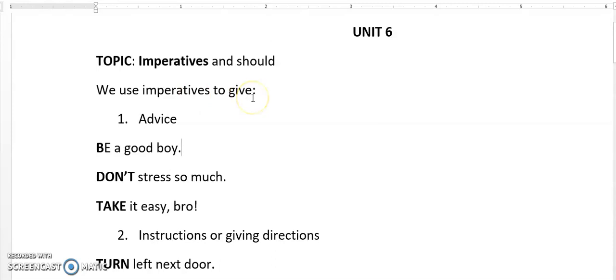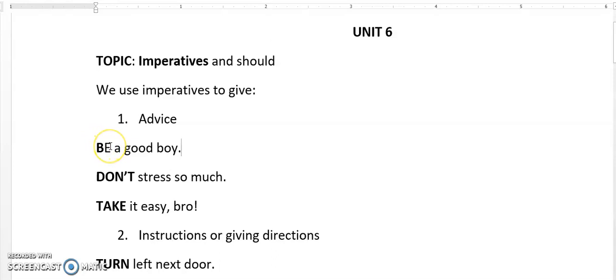Imperatives are not orders, and we are going to see that imperatives don't have a subject. Los imperativos no tienen un sujeto, como siempre hemos estado acostumbrados a ver en las oraciones en inglés.